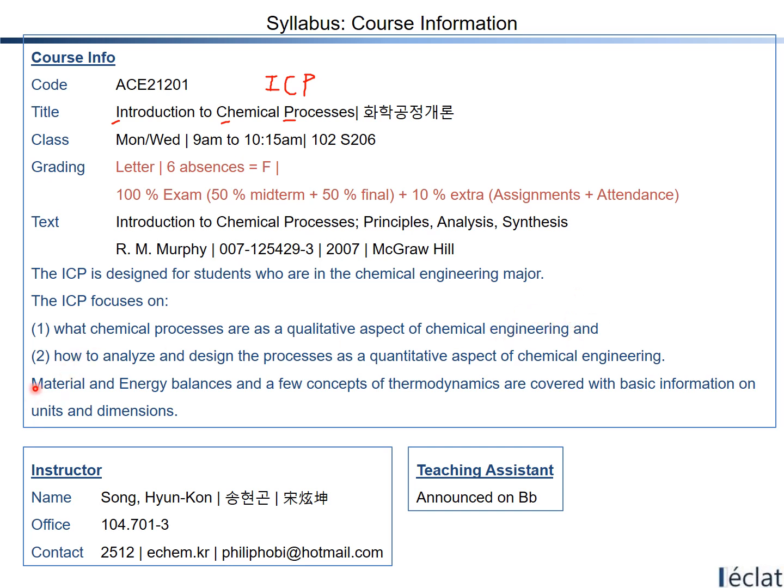Plus, the second is how to analyze and design the processes, as a quantitative aspect of chemical engineering. Here are some keywords of this course: material balance or energy balance, plus thermodynamics, plus basic information on units and dimensions will be covered in this course.